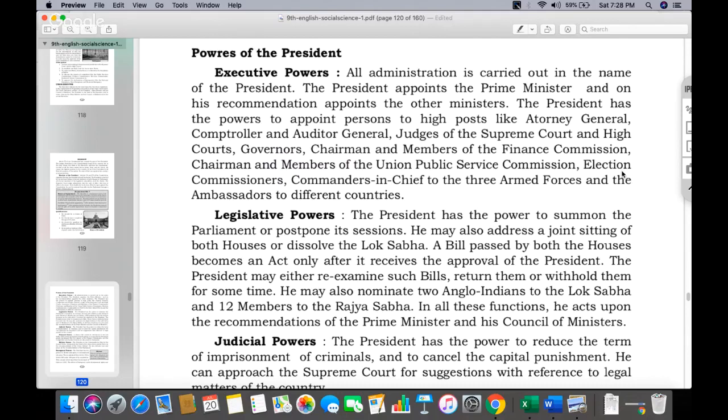The president has the power to appoint persons to high posts, like the attorney general, the Comptroller and Auditor General, judges of the Supreme Court and high courts, governors, chairman and members of the Finance Commission, Union Public Service Commission, and Election Commission. As he is the commander in chief of the three armed forces, those chiefs would be appointed by him. Then ambassadors to different countries.